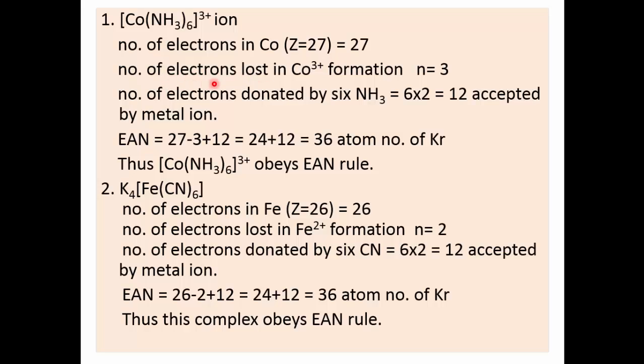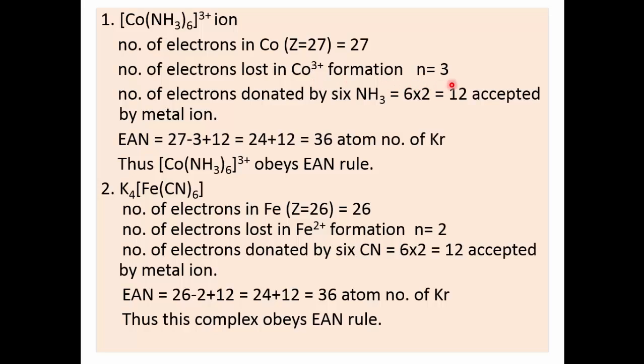Next, the number of electrons lost in Co3+ formation. See here, in this complex, ammonia molecules are the ligand. Therefore, this 3+ charge is from cobalt, and to form this Co3+ ion, cobalt must lose 3 electrons.